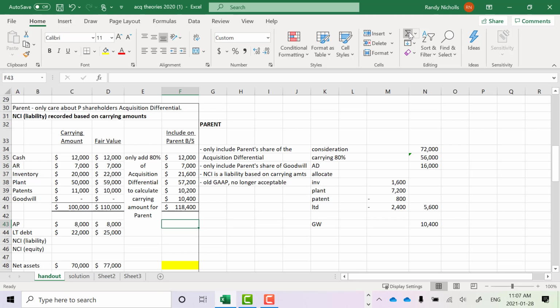Again, I need to reverse the math on these ones, so I guess I might as well do it here. So it's going to be the carrying amount plus the carrying amount minus the fair value times 0.8.